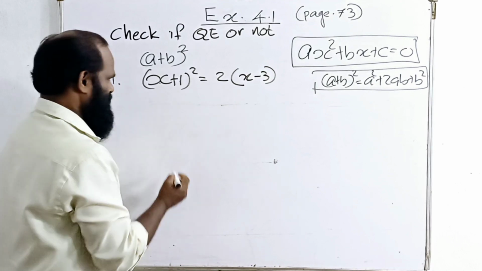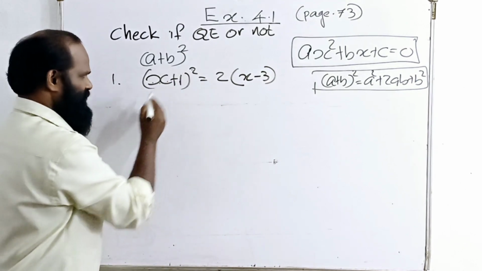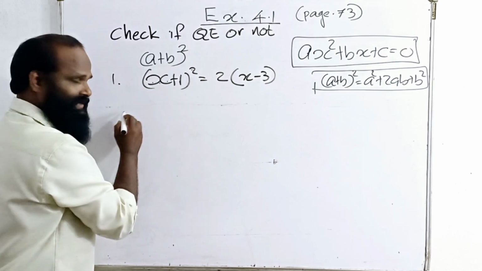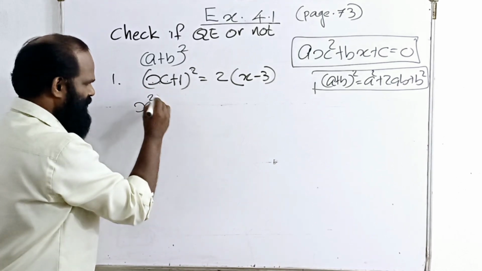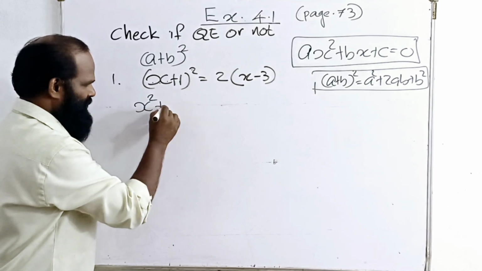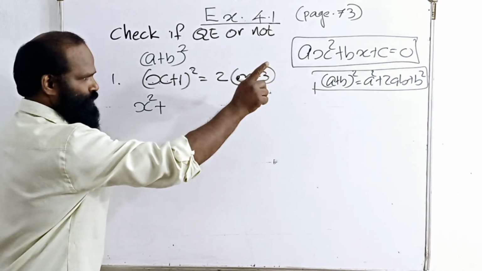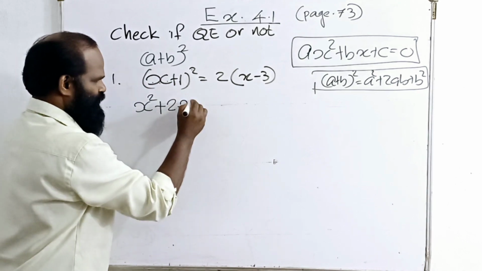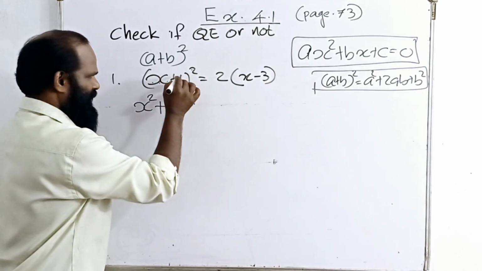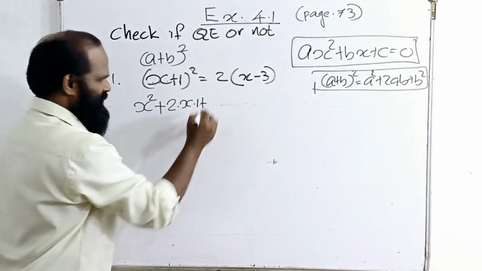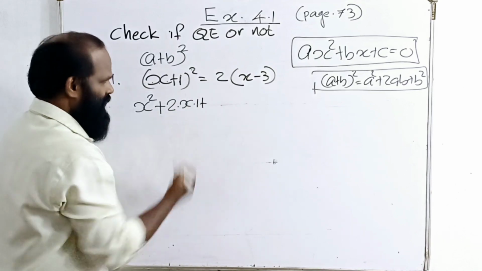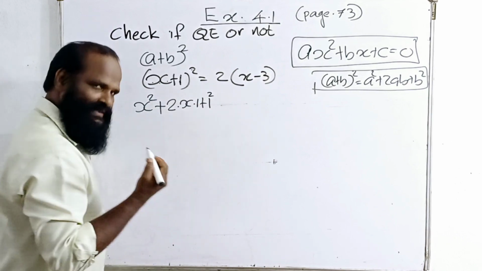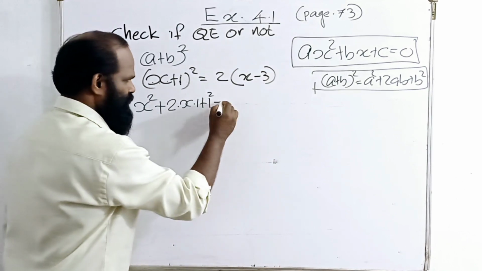Let me expand it. a square means x square, plus 2 into a into b, 2 into x into 1, plus b square, which is 1 square. 1 square is 1 itself, we know.